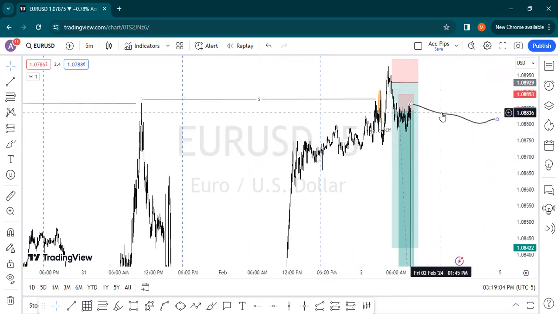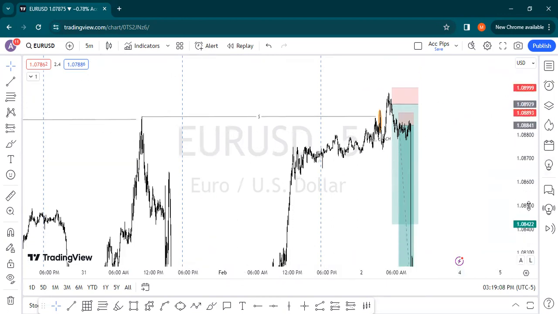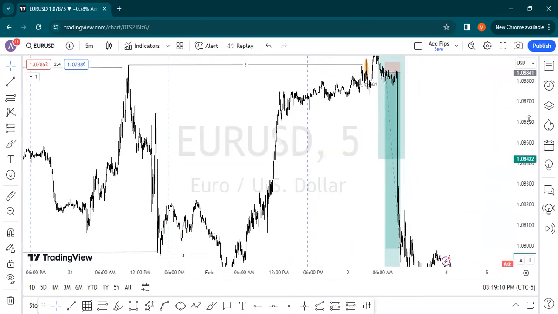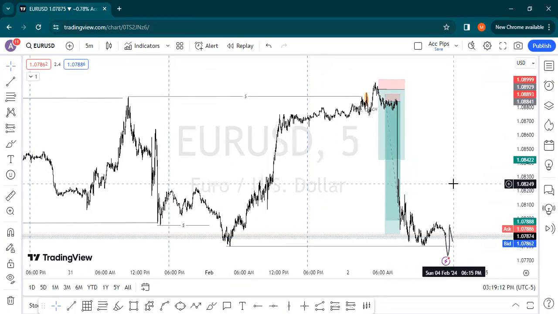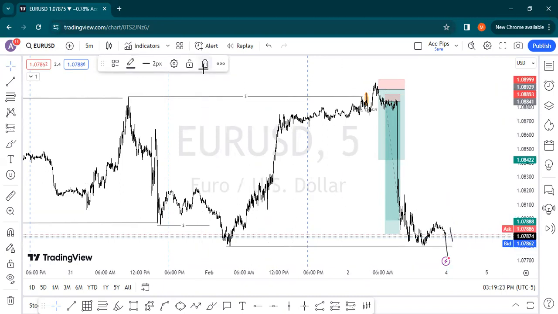Okay, excuse me, Prof. Yeah, I'm listening. What if the higher time frame swept it, but when you switch over to the lower time frame, you find out that it was a candle close? How should we handle such a case?